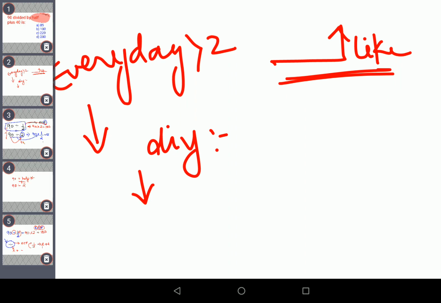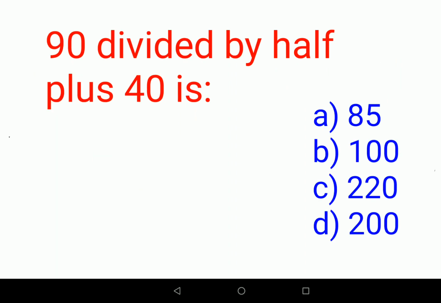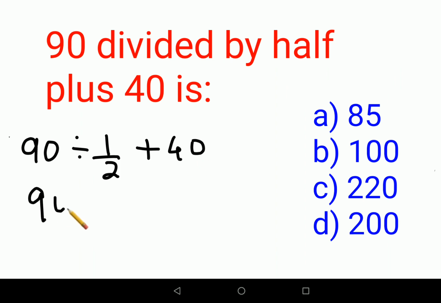Okay, so now going back to your question, let's write this down. So we have 90 divided by half plus 40. Like you all know, now we'll follow the rule of what? KCF, correct. So that means we'll keep the first number as it is, change the division sign to multiplication, flip this.